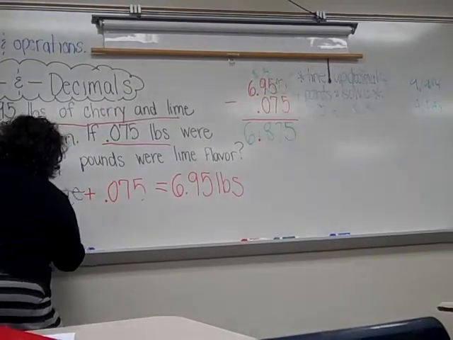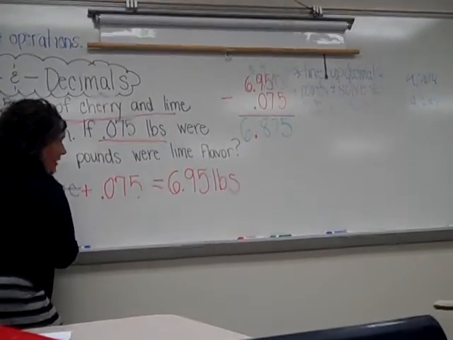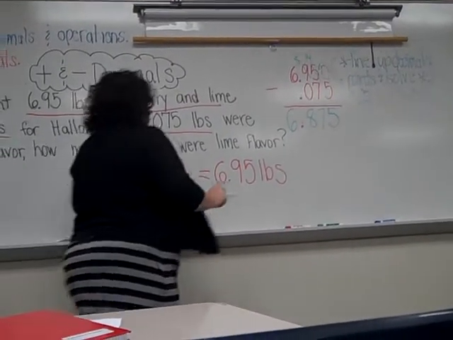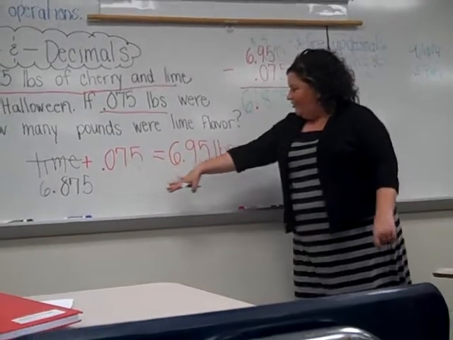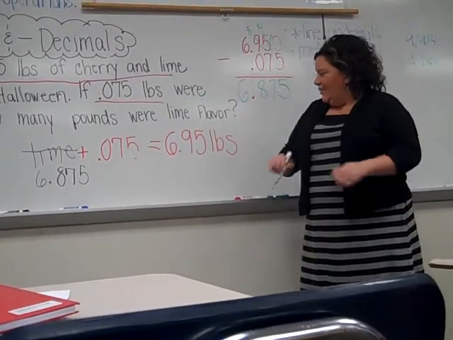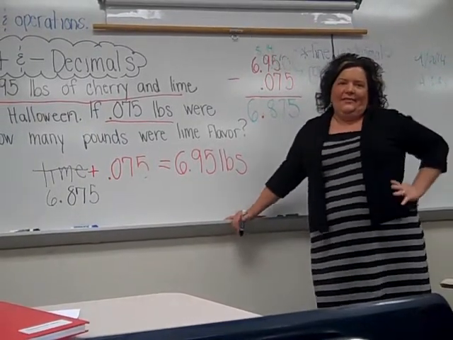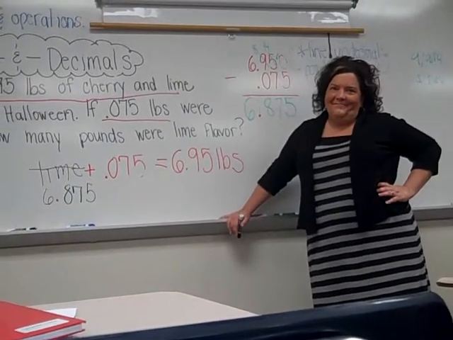So 6 and 875 thousandths plus 75 thousandths equals 6 and 95 hundredths pounds.